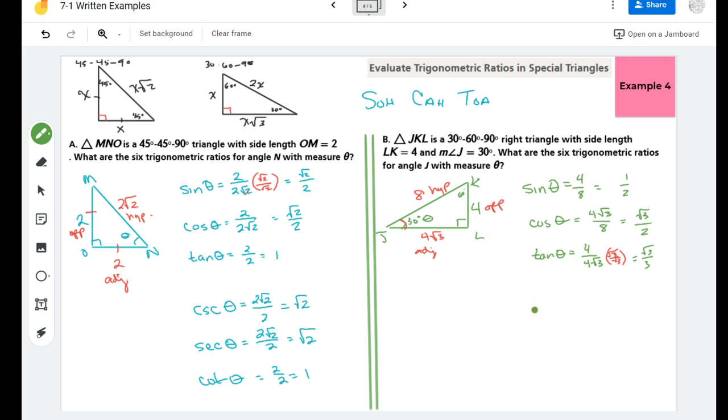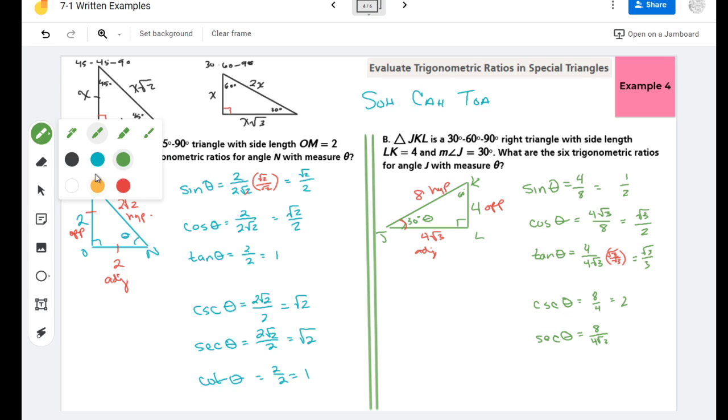And so now I'm going to do those reciprocal functions. So my cosecant is going to be my sine flipped upside down, so 8 over 4, which is 2. My secant is going to be my hypotenuse over my adjacent, so 8 over 4 root 3.